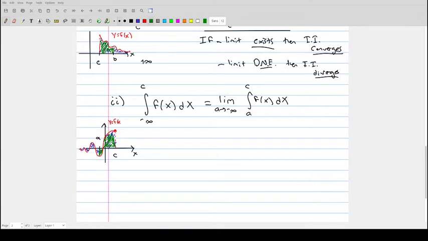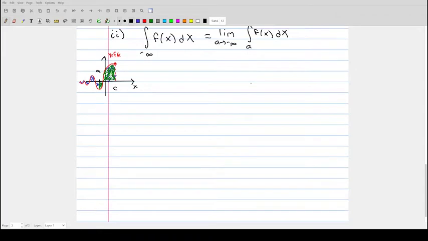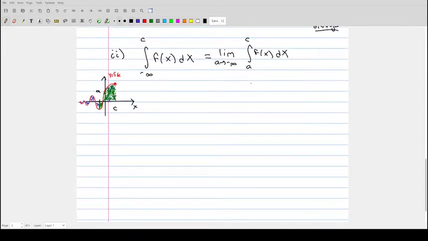We figure out what that integral is for any value of a, and then we just take the limit as a goes to negative infinity. And again, if the limit exists, then the improper integral converges, and if the limit does not exist, then the improper integral diverges. So this is how we define the second type of our type 1 improper integral.